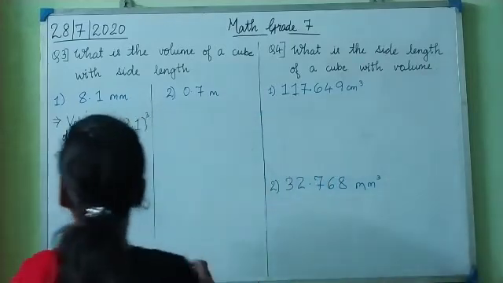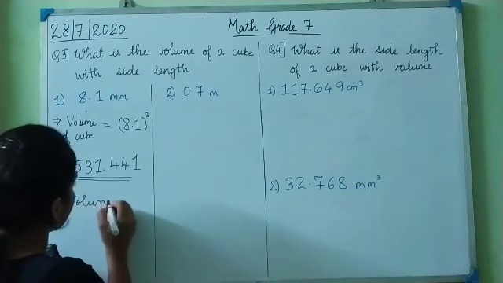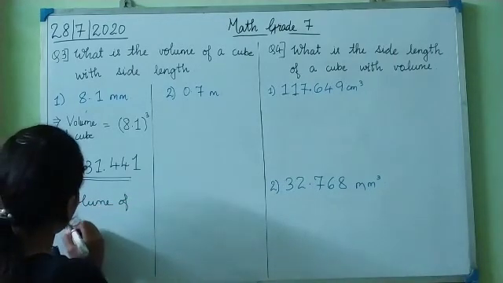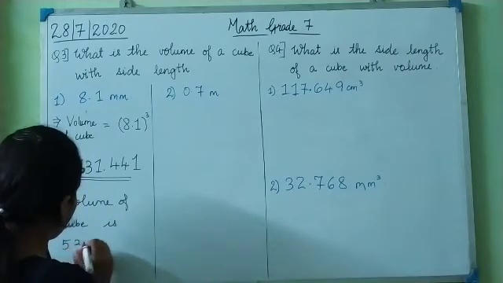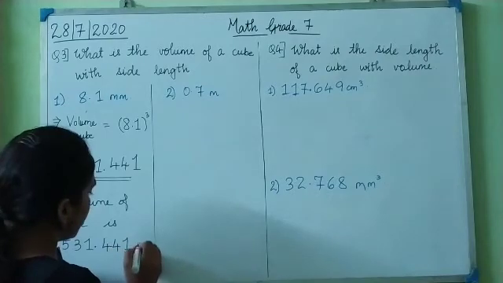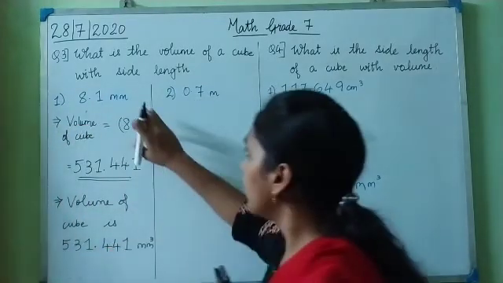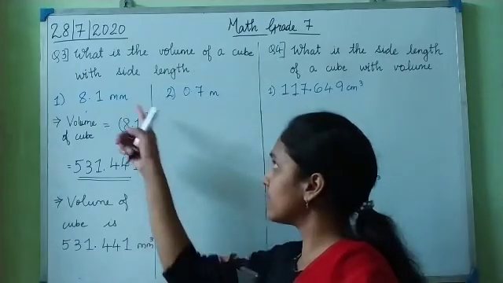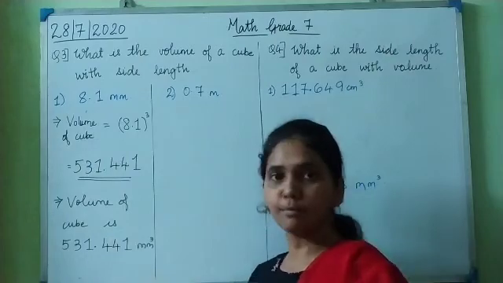So the volume of the given cube is 531.441 millimeter cube. The given length of the side was in millimeter, so the answer of the volume of the cube will be in millimeter cube.